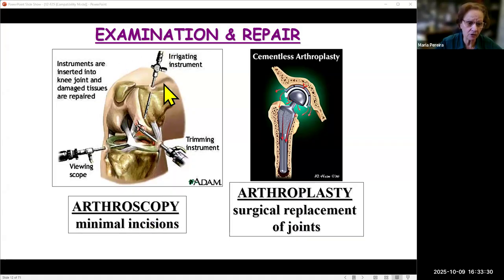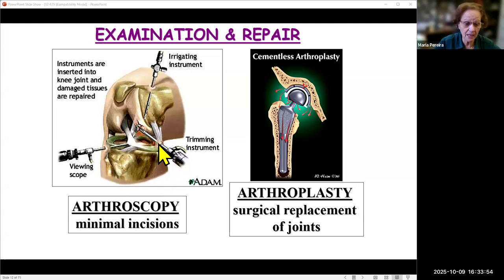The procedure involves making three holes. One, you put an irrigation instrument that releases fluid that keeps the area clean. Then you have another one to put in a scope so that the surgeon, the orthopedist, can see what's going on.